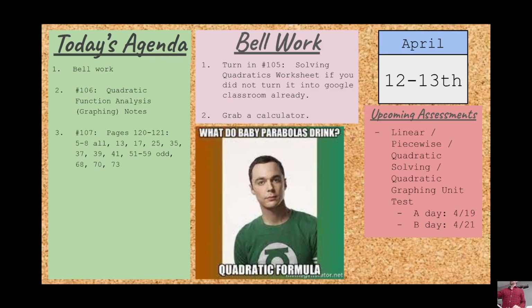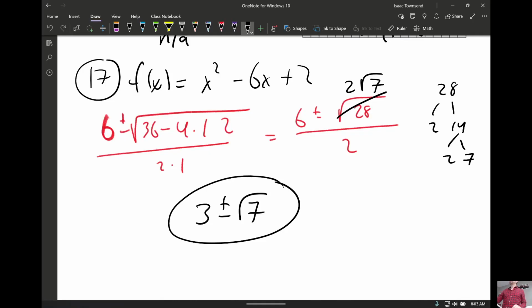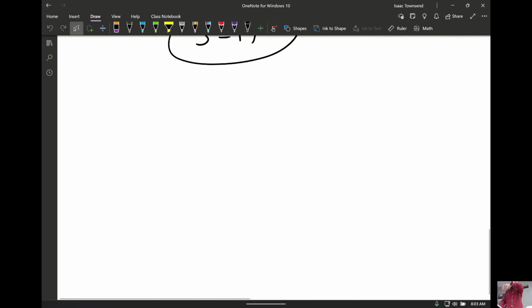Okay, it's time for a few more questions. Anything else you found? Yep. Do you need imaginary numbers for the x-intercepts?